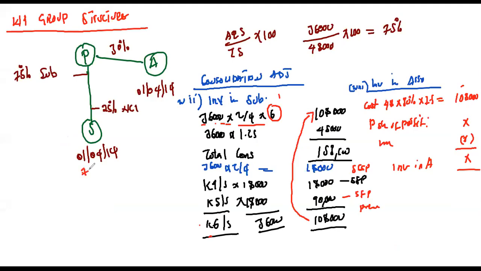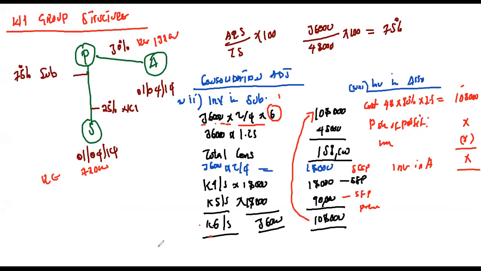Say for the subsidiary 72,000 group retained earnings. For the associate, you have 132,000. So you just don't forget retained earnings. We put it there in case some people forget.